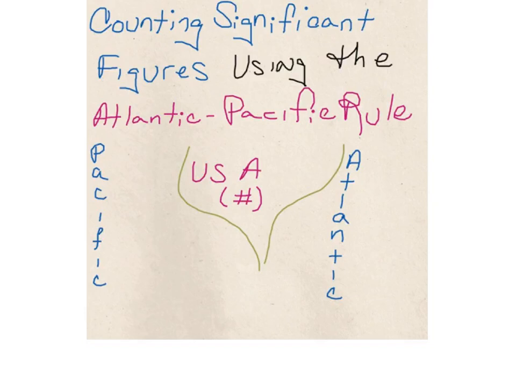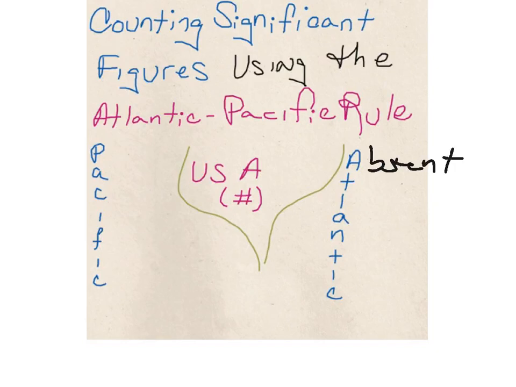It's called the Atlantic-Pacific Rule, and it relies on both a visual cue as well as a mnemonic device. So you can see here I've drawn just a very rough sketch of the United States with the Atlantic Ocean on the right side and the Pacific Ocean on the left side. Now, the Atlantic begins with A, and A also starts the word absent.